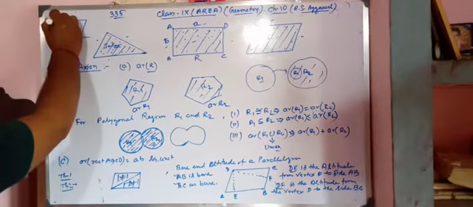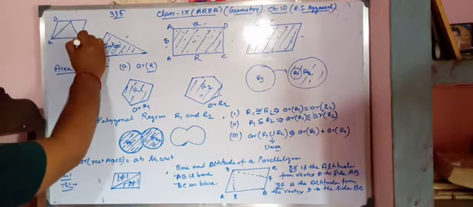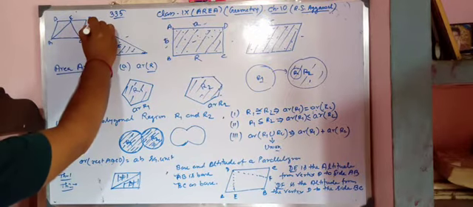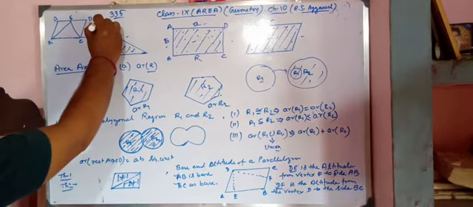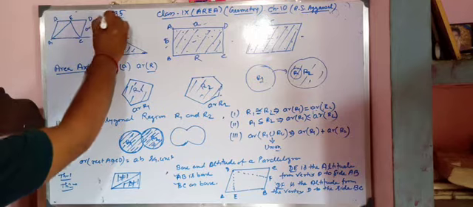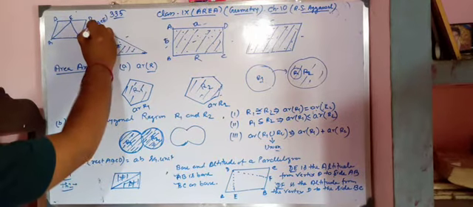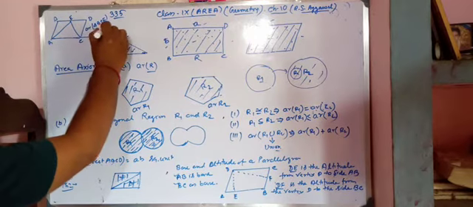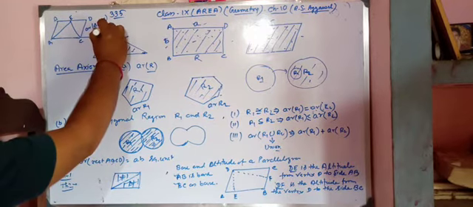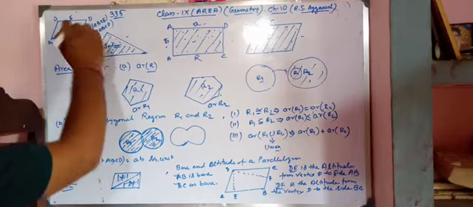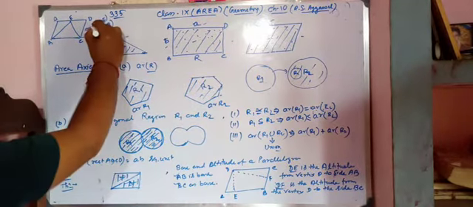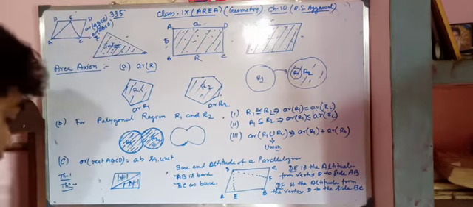So area of triangle BCE is equal to half of area of parallelogram ABCD.